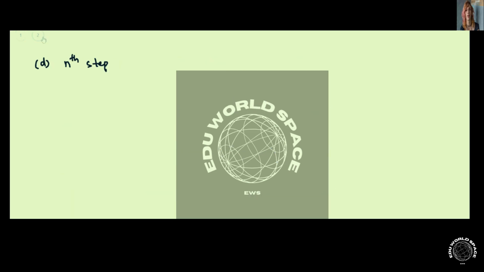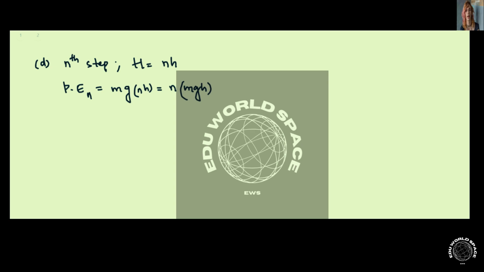So we can use that concept here. If the person is standing on the nth step, the height will be n times the height of each step. So potential energy of nth step will be mg n times h, or n times mgh.